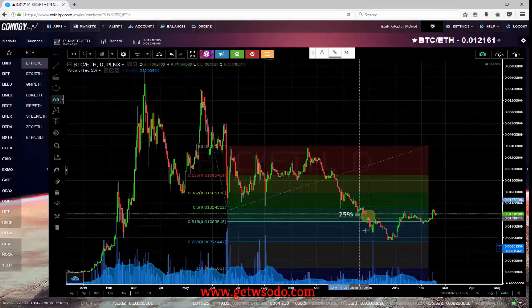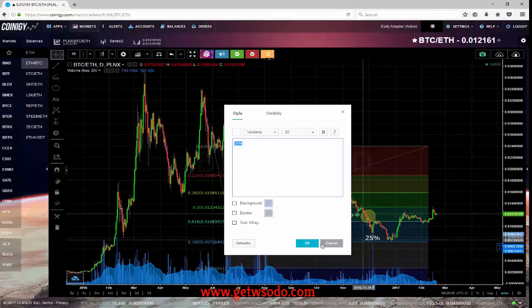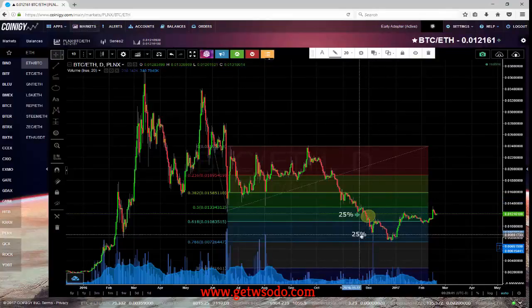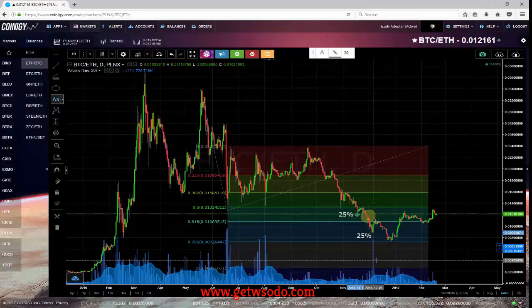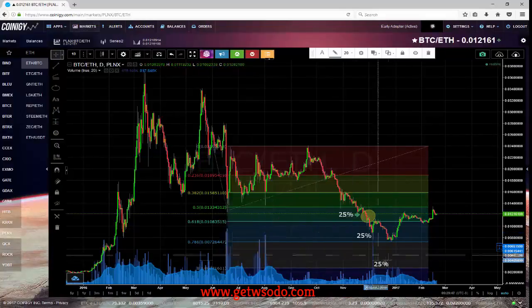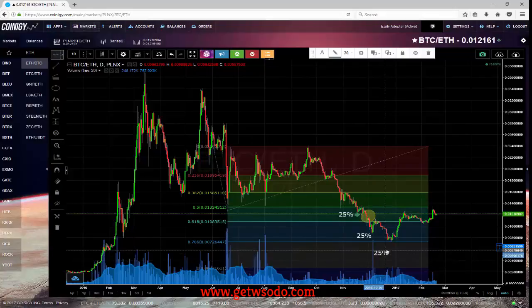Then as it breaks down, you could scale in again, another 25%. You could have an order down here just in case it breaks down more, and just scale in increments.